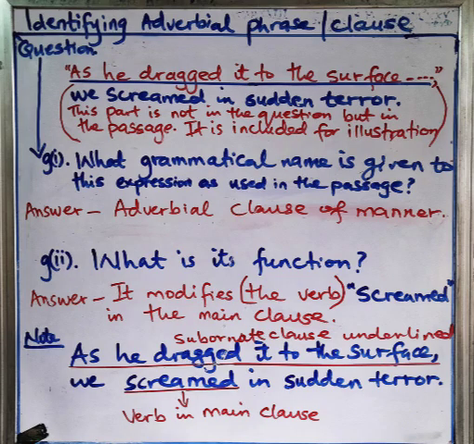That done, the next question, part 2 of the question, is to state its function. When you get that question, what do you do? You first of all find out the main or primary verb from the main clause. That's why I told you at the beginning that a sentence has a main clause and a subordinate clause.